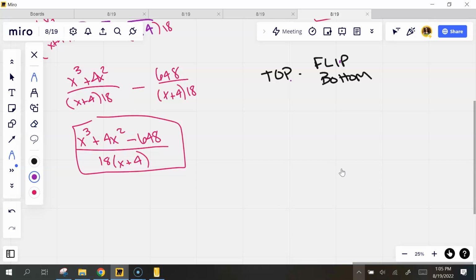Let me start over because I lost everybody. What's the top? The bottom.